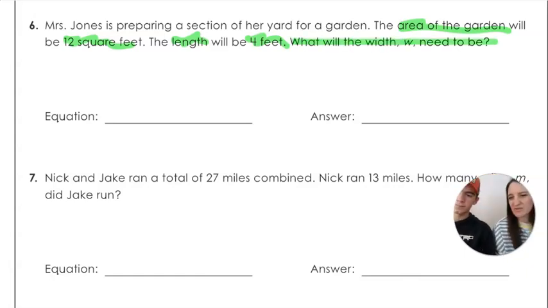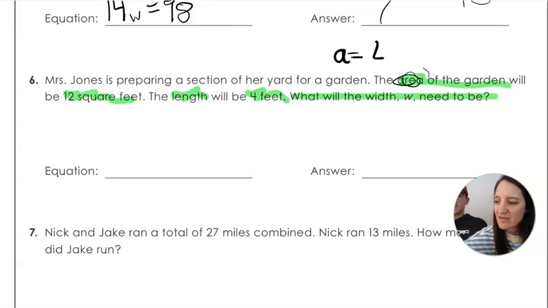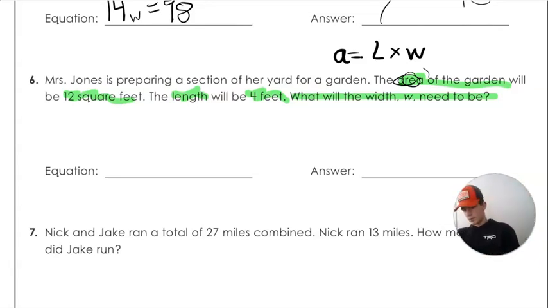I'm going to step in right now and say that when you find the area of something, area equals the length times the width. So you can use that to help you with writing this one out. Alright, so we know the area of the garden will be 12, so let's write everything down. We got 12.